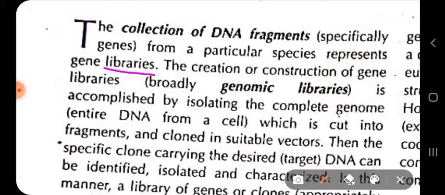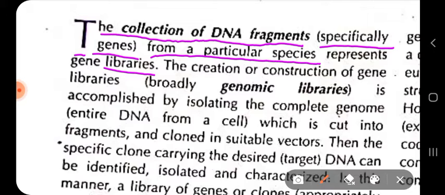And for maintaining this library, we need certain recombinant DNA tools, or you can say genetic engineering tools, to achieve this process. By definition, the collection of DNA fragments, specifically genes, from a particular species represents gene libraries.